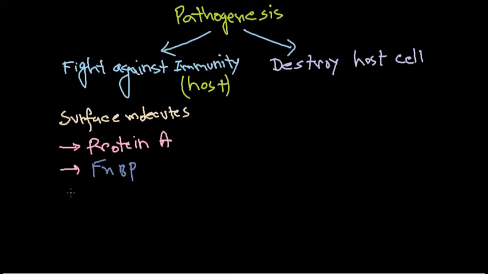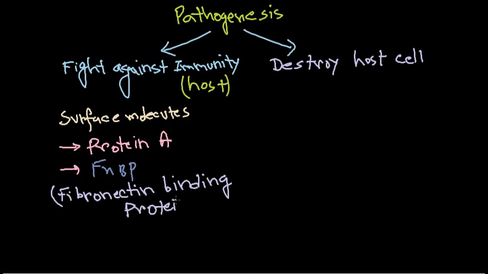Let me write the full form: fibronectin binding protein. Now we know that fibronectin is an important component to hold the structures together, to hold nearby cells together, so it's an intercellular junction binding protein. This fibronectin binding protein is also presented on the surface of Staphylococcus.